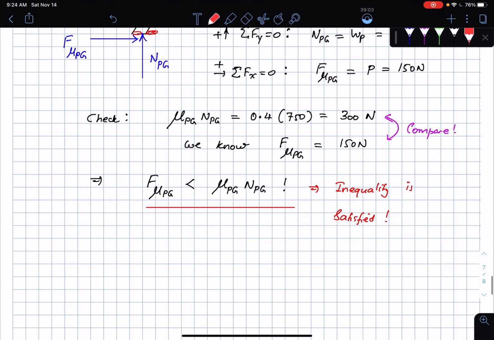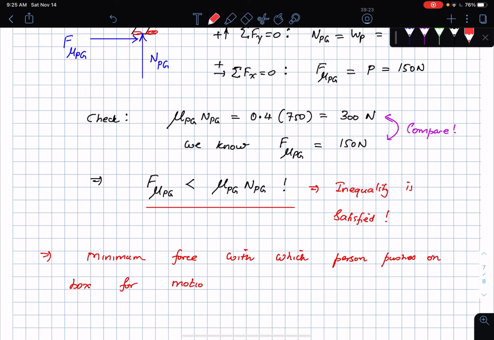So which means that the minimum force with which the person pushes on the box for motion to impend is 150 newtons. So this is the minimum force.